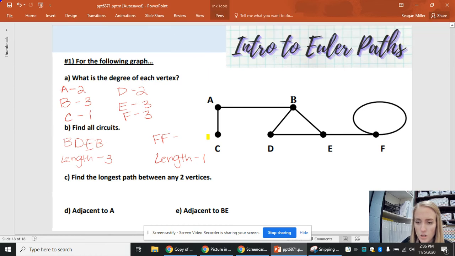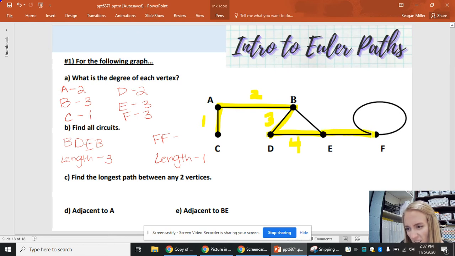Okay, so if we're talking about the longest path between any 2 vertices, from C to A, that's 1, A to B, that's 2. Sorry, I'm writing with a highlighter. Then if we go B to D, that's 3. D to E, that's 4.